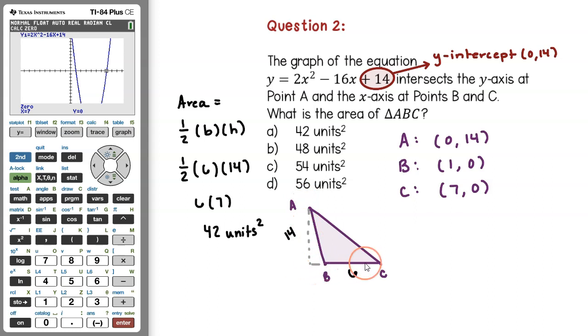When we look at our x-intercepts, which correspond with points B and C, they are spaced 6 units apart from x equals 1 to x equals 7, so the base of our triangle will have a value of 6. To find the area of a triangle, I take 1/2 of the base times the height, and so that will be 1/2 times 6 times 14, or the same thing as 6 times 7, which is 42 units squared. So the correct answer choice here is choice A.